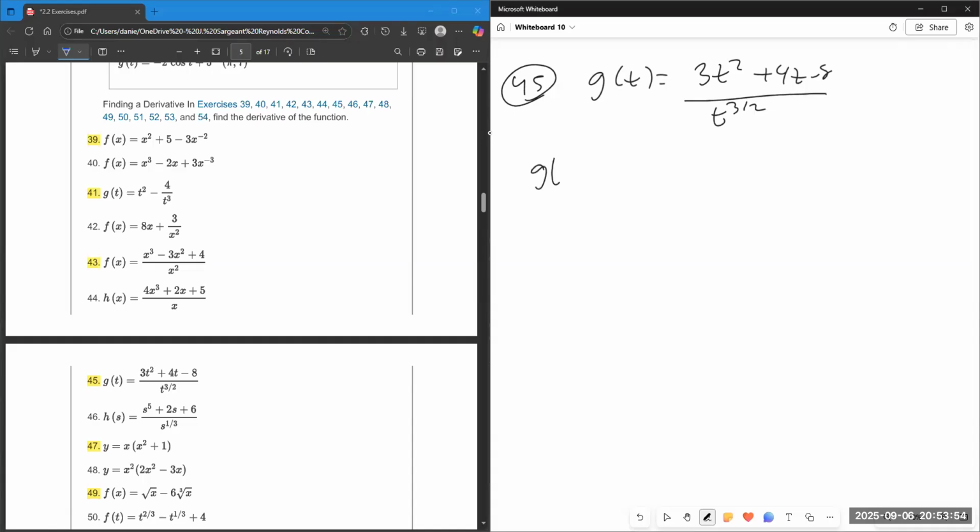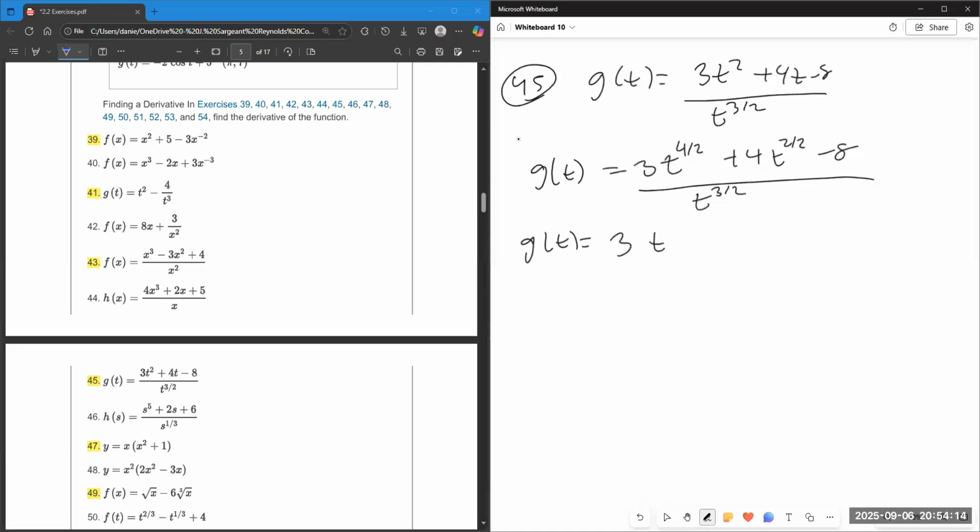So g of t is 3t to the 4 halves plus 4t to the 2 halves minus 8 over t to the 3 halves. So g of t is 3t to the 4 minus 3, that is 1/2, plus 4t to the 2 minus 3, that is negative 1/2, minus 8t to the negative 3 halves.